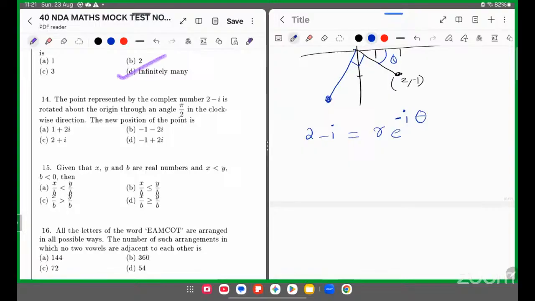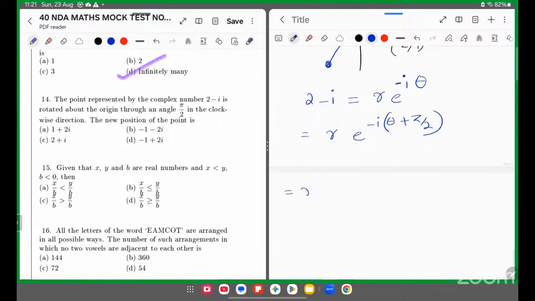If you rotate 90 degrees more, I can say that r into e raised to minus iota theta plus pi by 2. So I can write r into cos of pi by 2 plus theta plus iota, and when you put minus, it will become minus iota sine of theta plus pi by 2.